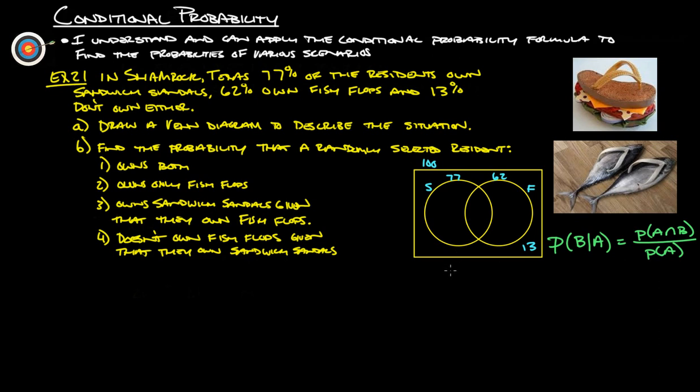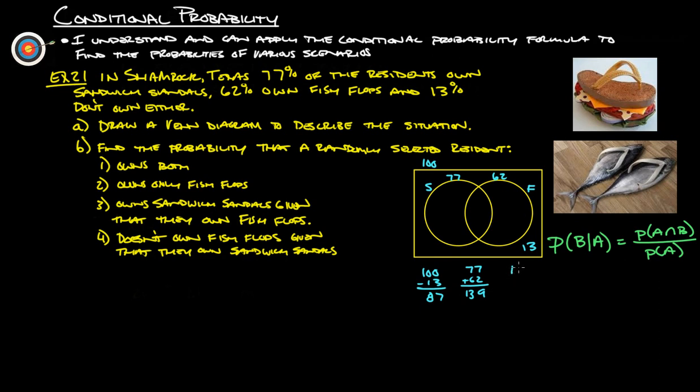So what we want to do is we have 100 minus 13. We know that there's going to be 87 total in these three regions right here, right? But if we take 77 and 62, add those together, that's going to give us a big number, 139. If it was just 62 here and just 77 there, there'd be 139 total. We know that can't happen.